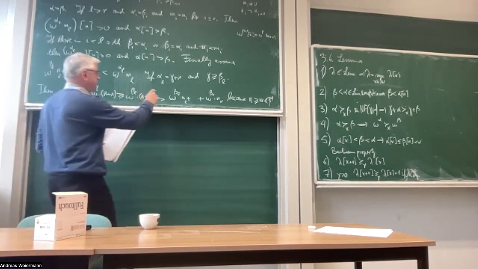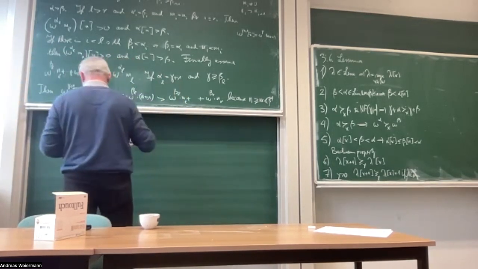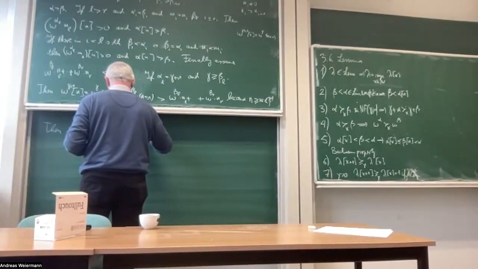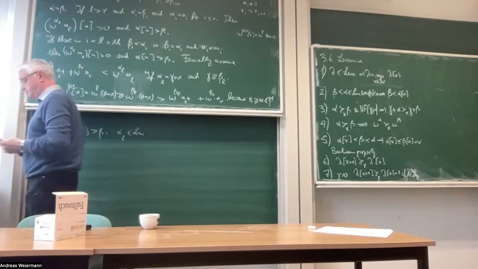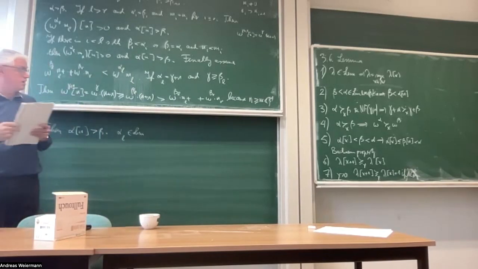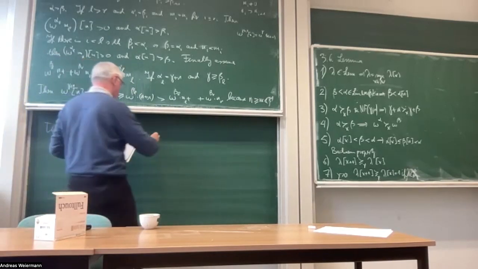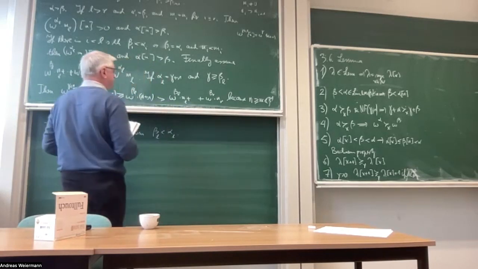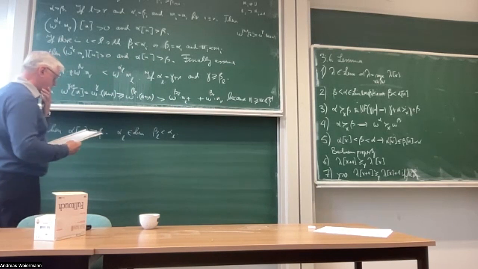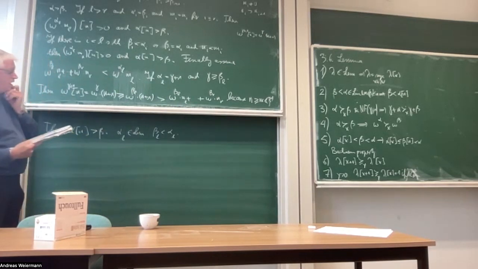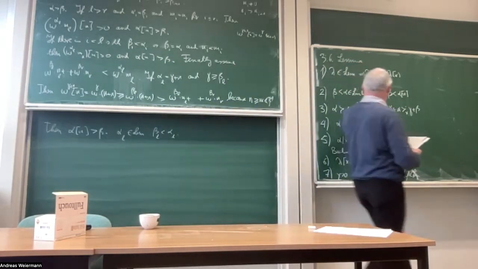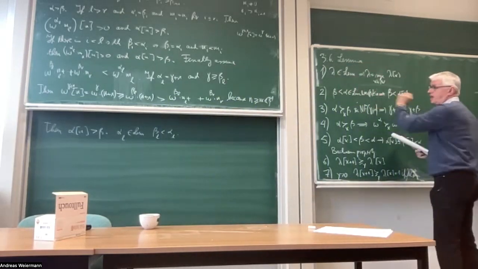Next case is alpha L the limit. And alpha L is bigger than beta L. Now the maximal coefficient of beta is bounded by n.